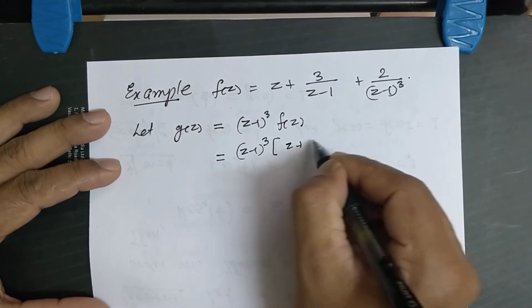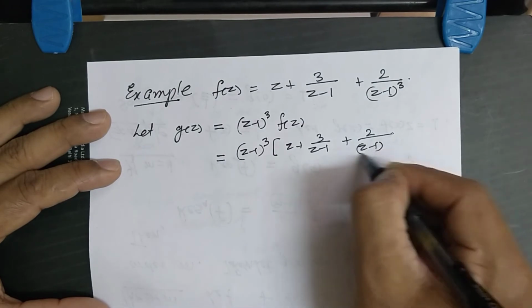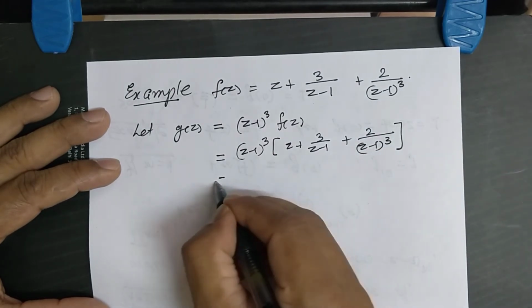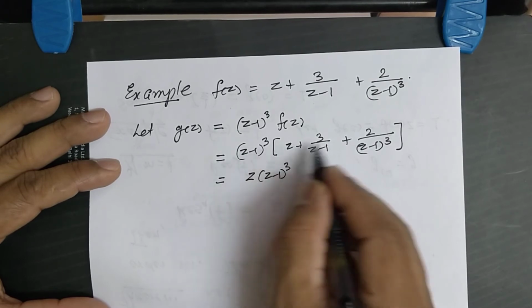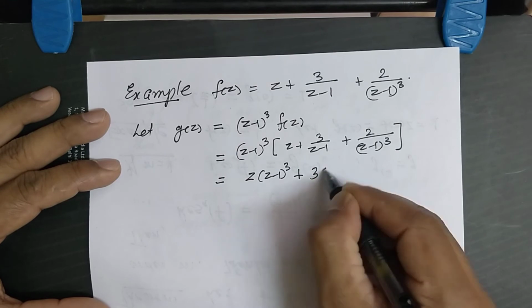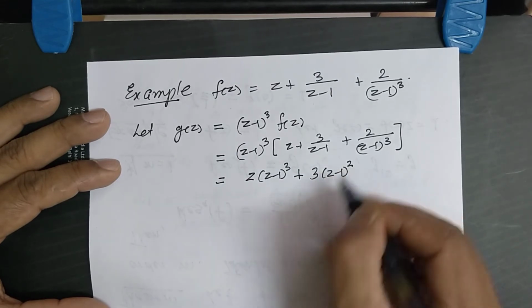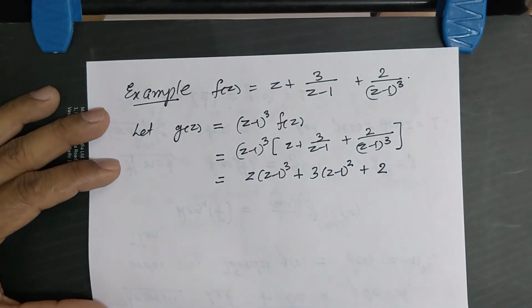That means z plus 3 upon z minus 1 plus 2 upon z minus 1 cube times z minus 1 cube. This becomes z into z minus 1 cube, and then one of the factors gets cancelled, so 3 times z minus 1 square and a 2 over here.